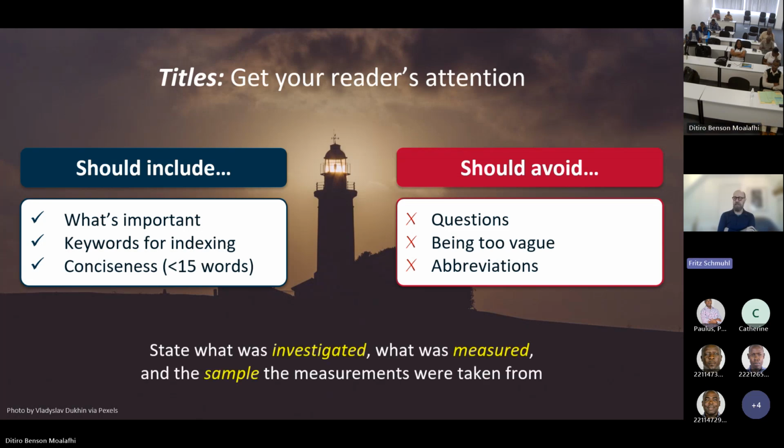In addition to that, you also have another problem, and that is that search engines and indexing services, such as Scopus and Web of Science, often also use character limitations. So that means you can't have incredibly long titles. You have to be concise, and importantly, you should have keywords already in your title that sketch, in a focused manner, what you've done.